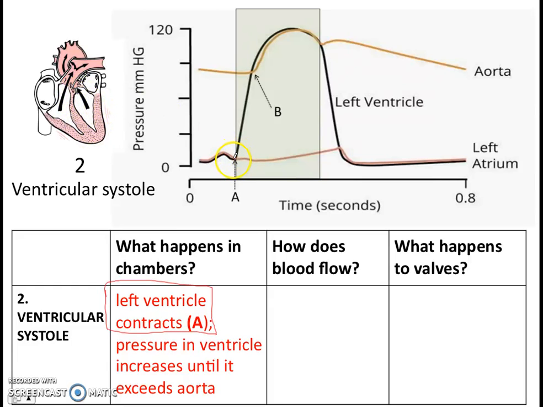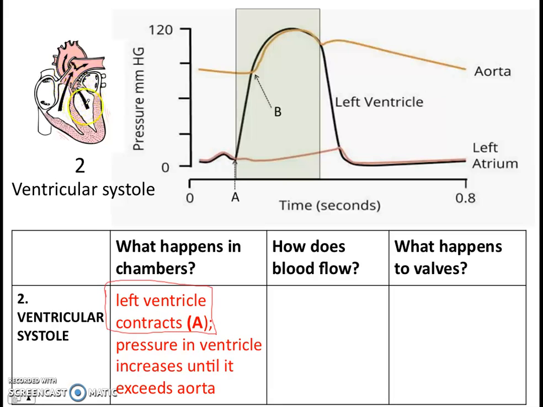And that's why you see the pressure in the left ventricle start to increase, until the pressure in the left ventricle exceeds the pressure in the aorta. You can see the black line here goes above the yellow line. As long as the pressure in the left ventricle is higher than the pressure in the aorta, blood will flow from the left ventricle into the aorta.